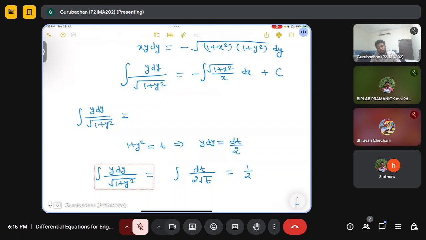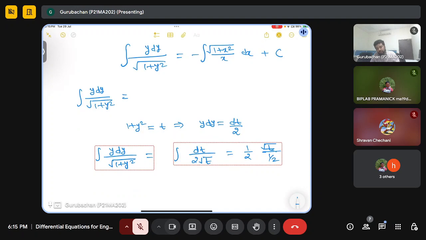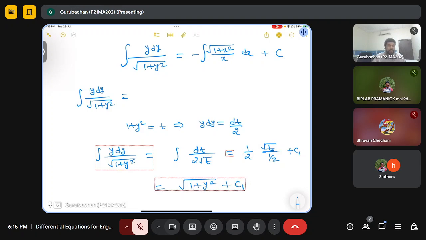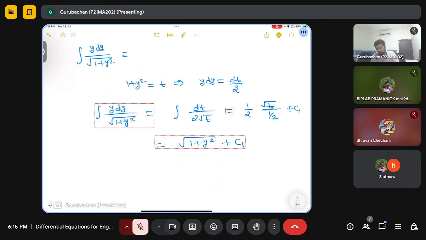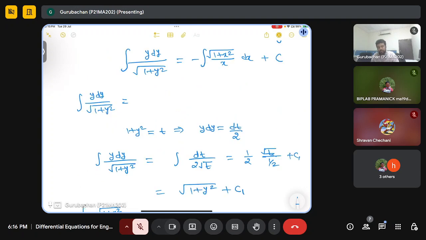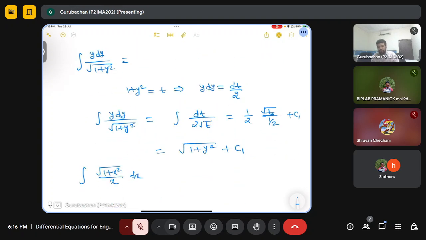So this will give you root t, and sorry, half, plus c1. So all over this will give you the square root of 1 plus y square plus c1. Right? Now what about the other integral, that is the square root of 1 plus x square divided by x dx.